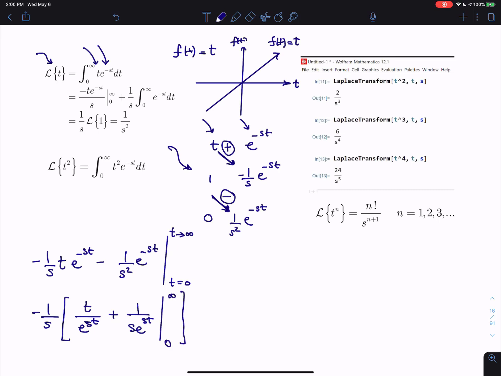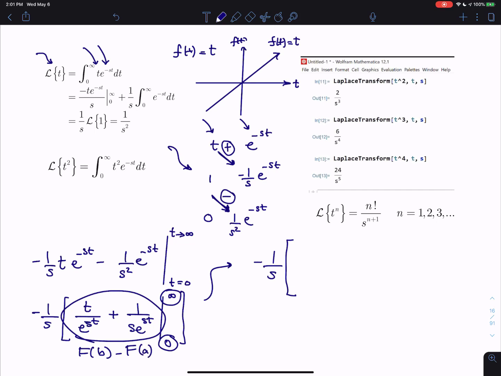Now, let's look at this. I have minus 1 over s on the outside. Now here, we're evaluating this expression here at infinity, and then we're evaluating it at 0, fundamental theorem of calculus. F of b minus f of a, you remember that.